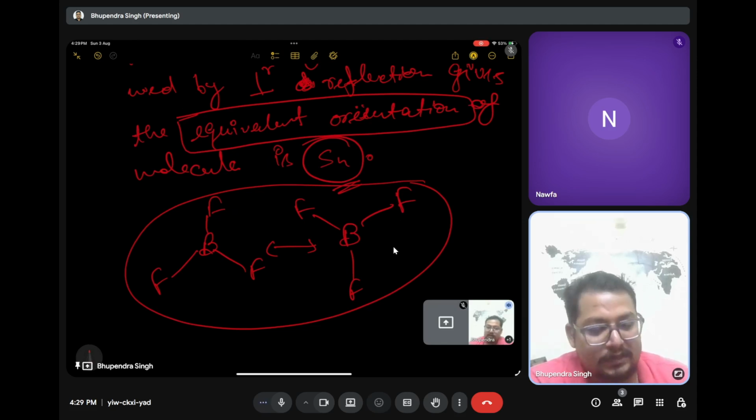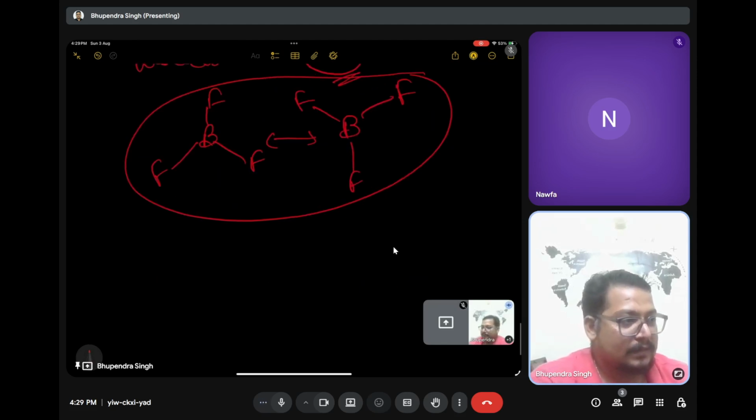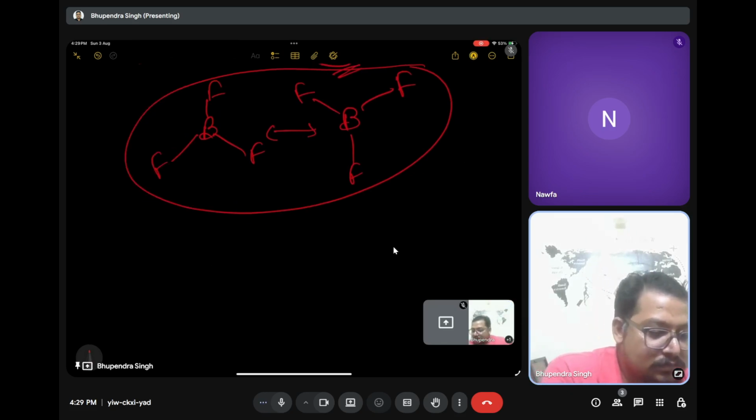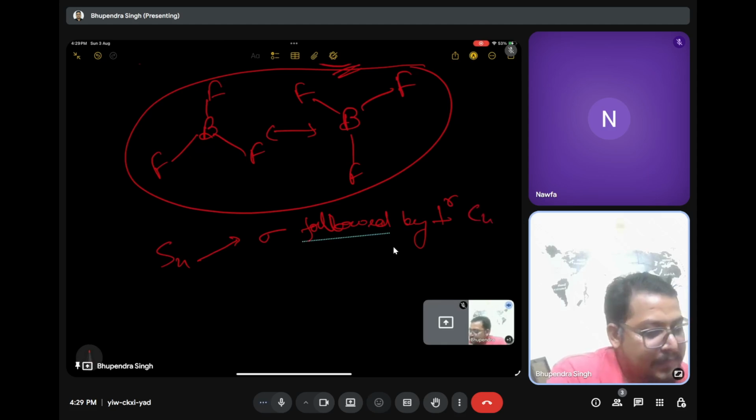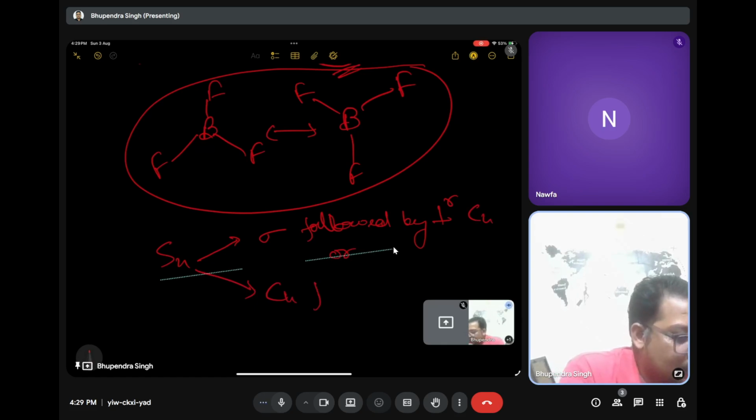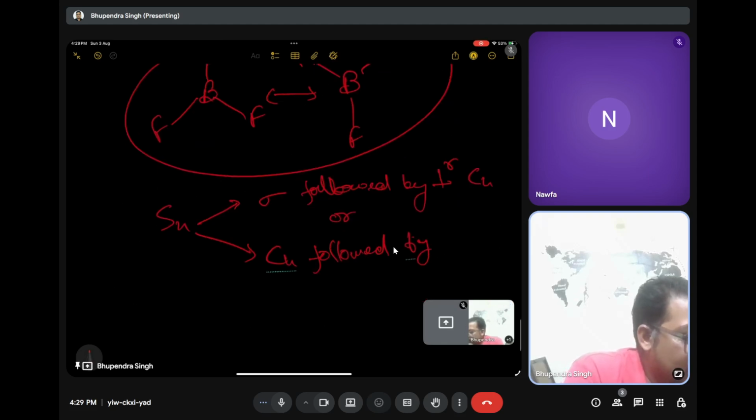It is equivalent orientations of the molecule. So this Sn works as this plane of symmetry sigma followed by perpendicular rotation Cn, or Cn followed by perpendicular sigma.